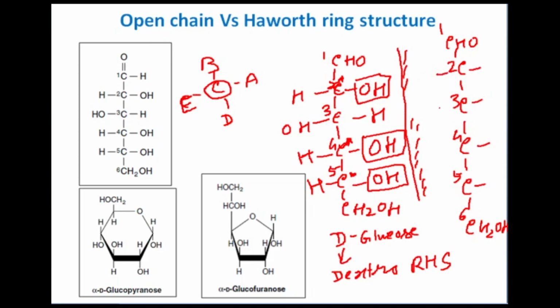As we are drawing the mirror image of D-glucose, we are trying to draw L form of glucose. Then on the anomeric carbon, you need to draw the OH group on left hand side, like this.